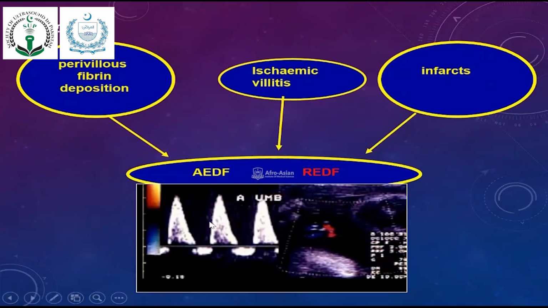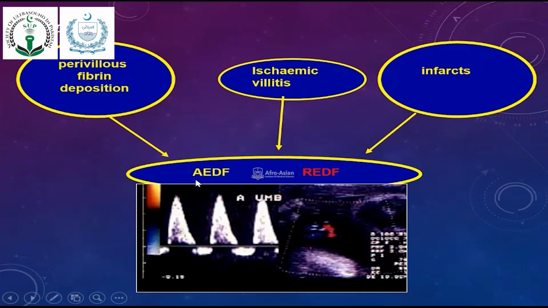So if there is absent end diastolic flow or reverse end diastolic flow, this is reverse. We can have perivillous fibrin deposition, ischemic villitis. After ischemia, there will be inflammation of the villi and infarct formation.